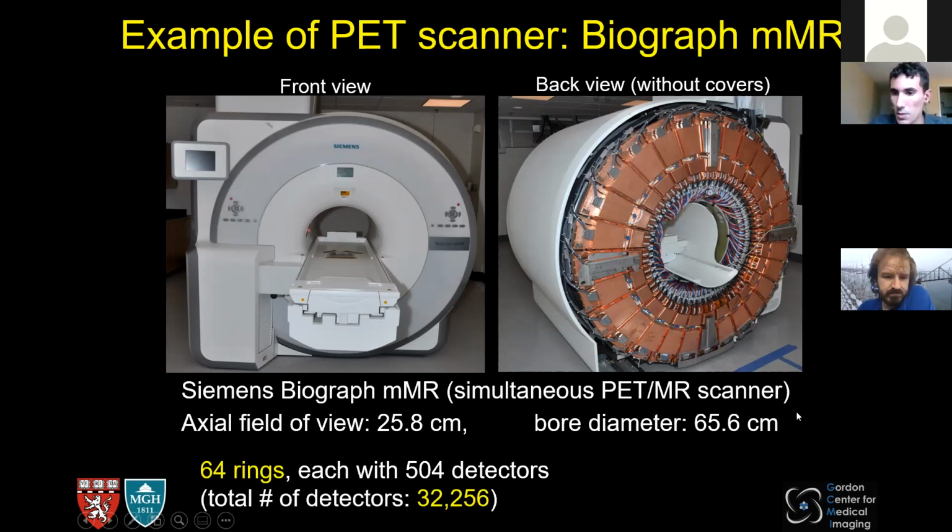The only problem that we have with this scanner, and that is sometimes a little bit of a pain, is that it has a pretty small bore diameter, so only 65 centimeters, because there are physical constraints for fitting a PET scanner inside an MRI scanner. And that will mean that, first of all, you shouldn't be very claustrophobic to get in.